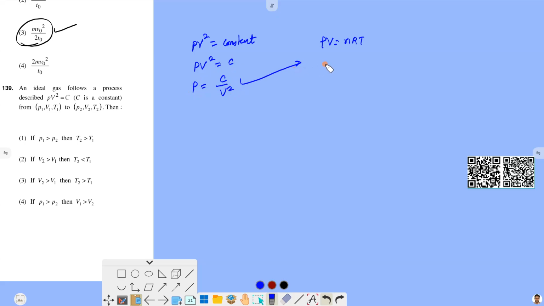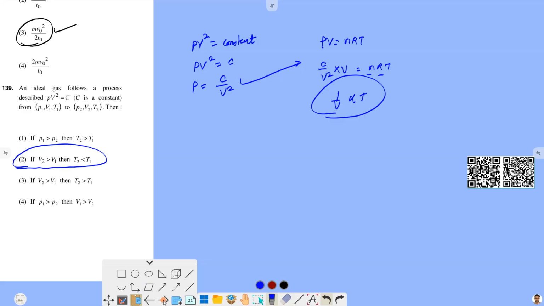Substitute it here, that C by V square into V is equal to nRT. Now n is constant for gas and R is also constant for gas, and C is also constant here. So from this we can write that 1 by V is proportional to T. So if volume is going to increase, temperature is going to decrease. So temperature will behave inversely as per the volume, and here that is the second relation, that if V2 is greater than V1, then T2 will be smaller than T1. So option second is the right answer here.